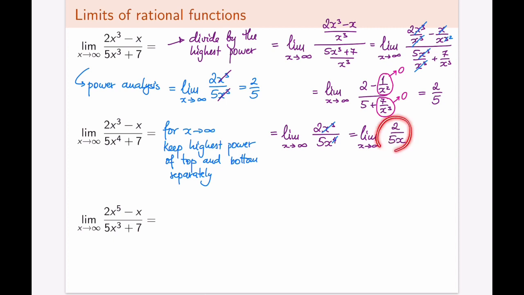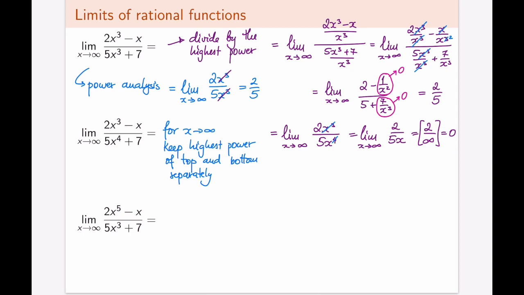Now this is a very simple function. So at this point, I'm going to stop and think of plugging it in. If I plug in infinity for x on the bottom, what I'm going to end up with is 2 divided by infinity. So 2 divided by a very, very large number, which is tending towards 0.